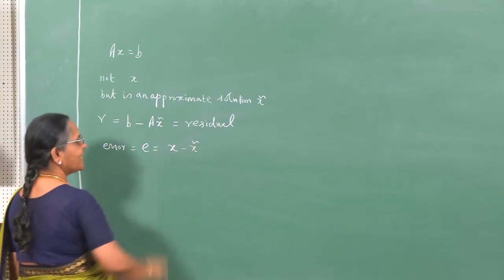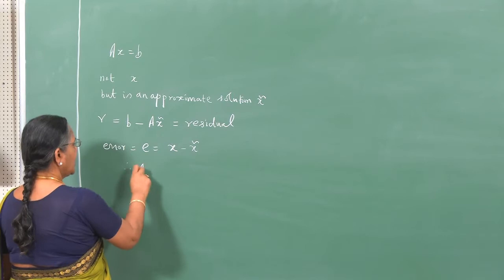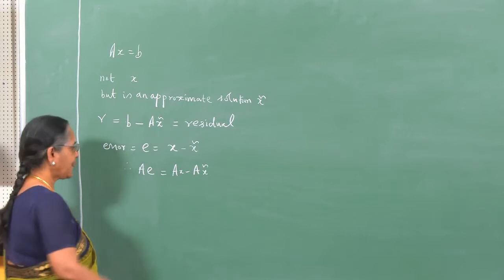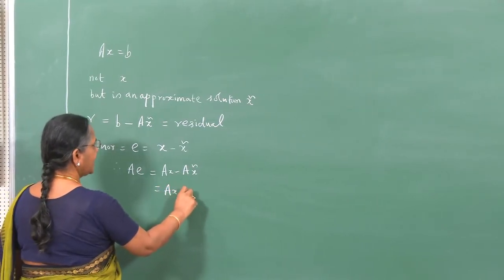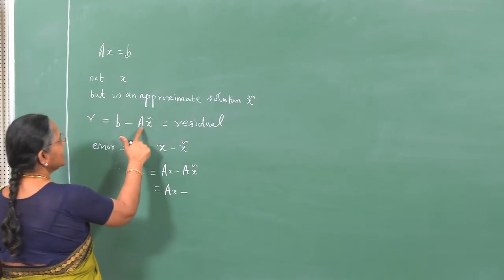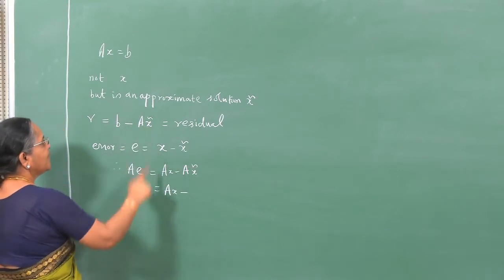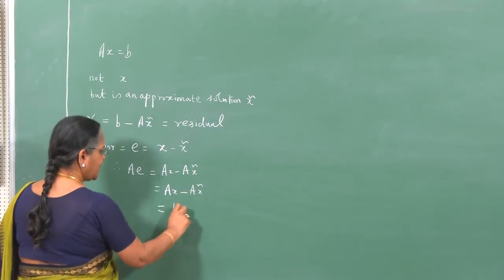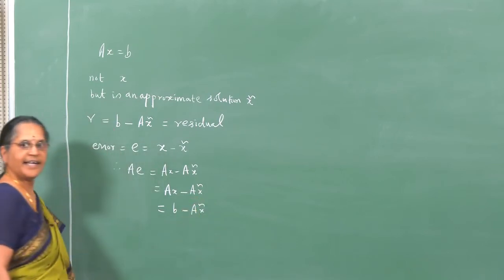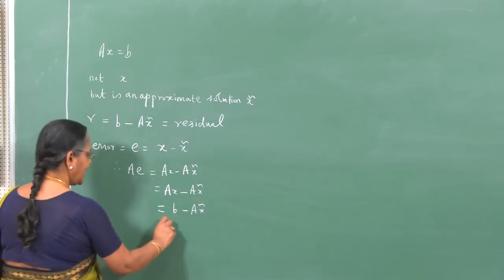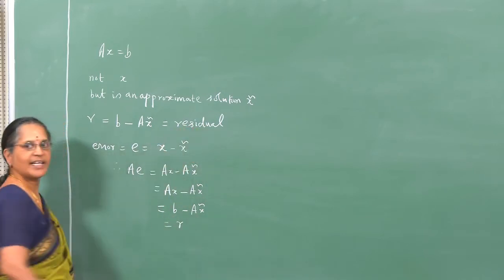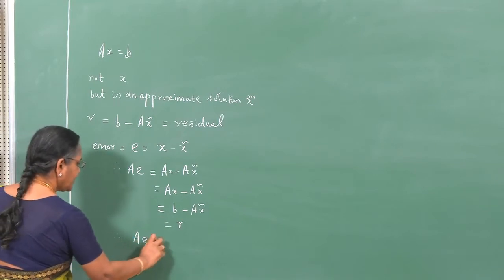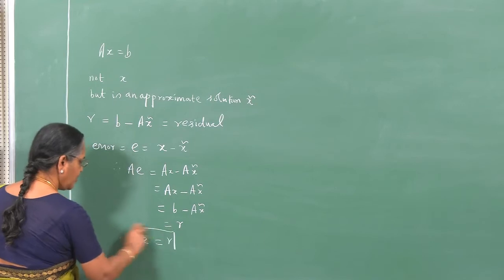So, it is x minus x tilde, and therefore, A times this error is A x minus A x tilde, and A x is b. So, it is b minus A x tilde. But what is b minus A x tilde? That is the residual vector that we obtain. So, we observe that E satisfies the equation A E is equal to R.